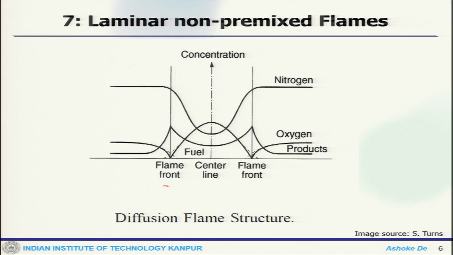One can see that products are forming here, that is the peak, this is the product line. Oxygen will be completely consumed, fuel would be completely consumed, and in between along the center line, fuel is varying, product is also varying, and oxygen is also varying. The nitrogen variation is also shown there.